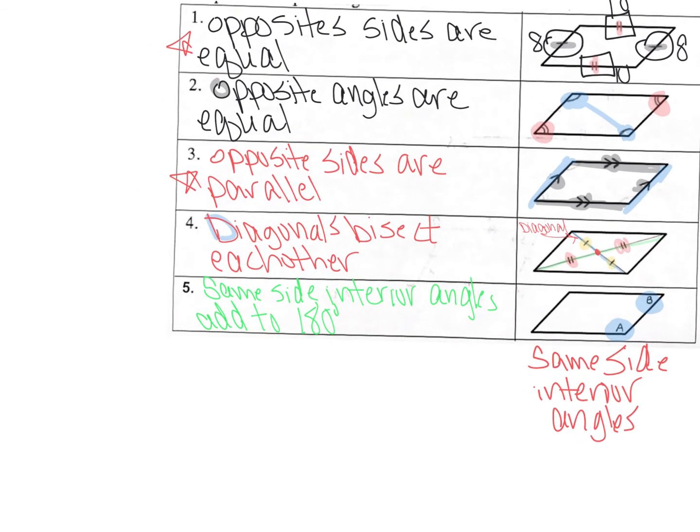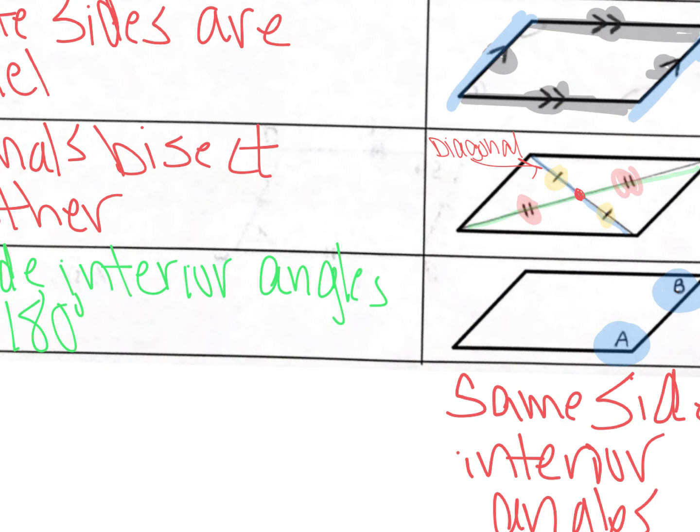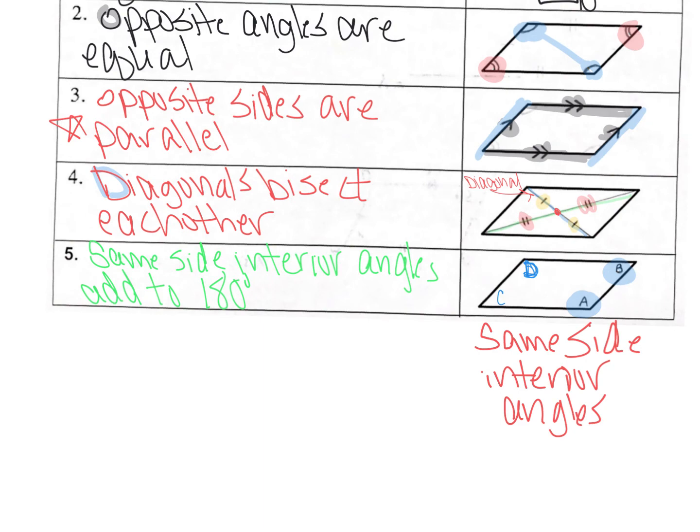So in this picture over here, let's go ahead and add A and B, and then we'll add C and D. What we have is angles that are on the same side. A and B are on the same side, so A plus B, whatever is in those angles, will equal 180 degrees.